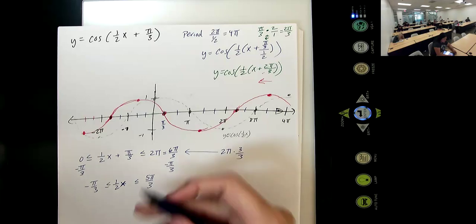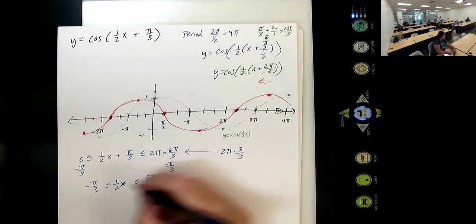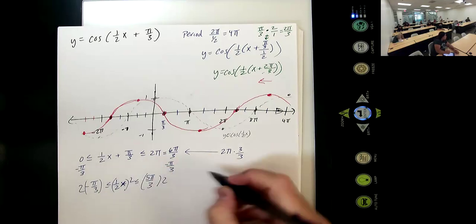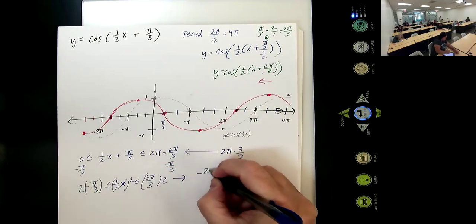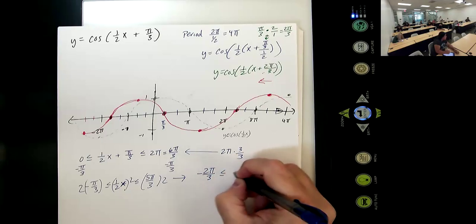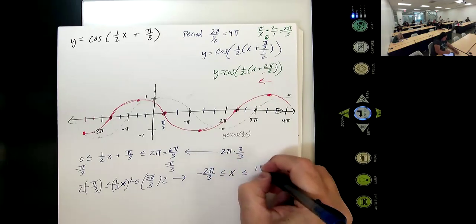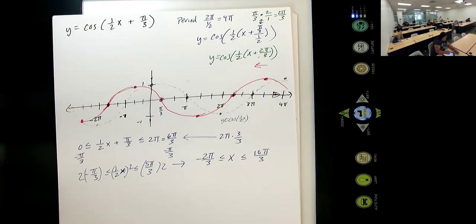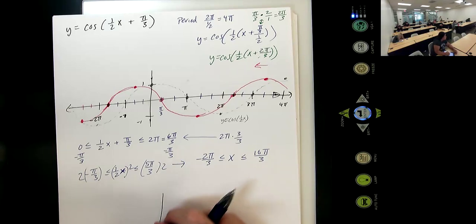And when I multiply by 2, I get negative 2 pi over 3 is less than or equal to x, which is less than or equal to 10 pi over 3. That tells me right away where my graph is going to be centered.